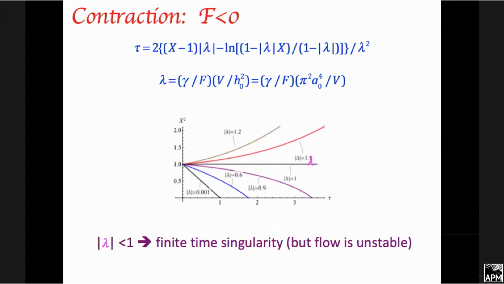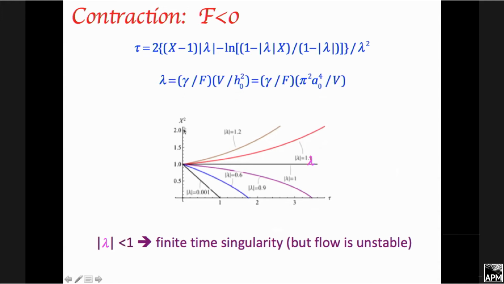Now, the contraction problem. As I said, that's very different, and we see here when we apply that same result but allowing for contraction, that means the force is negative, and that means that the lambda, which I've indicated here, the same lambda as before, is negative.